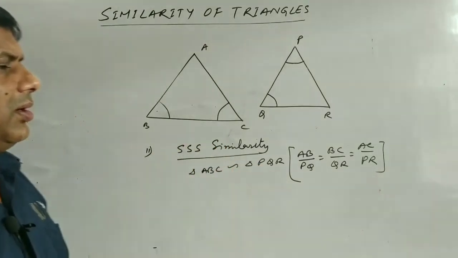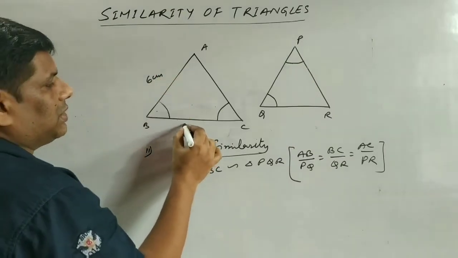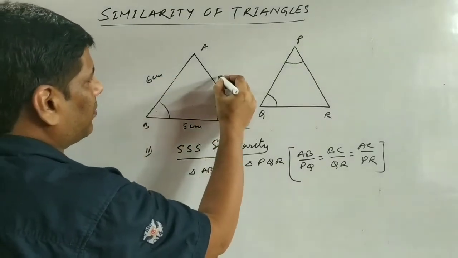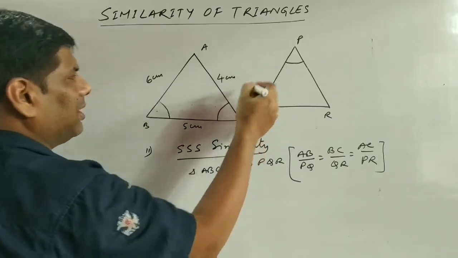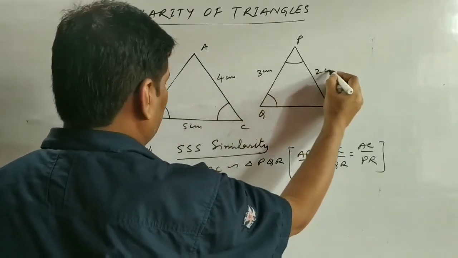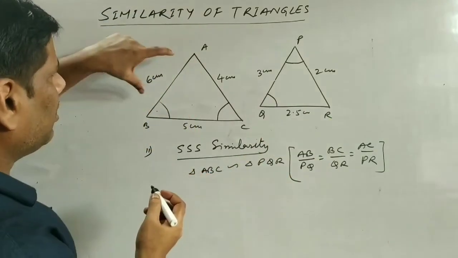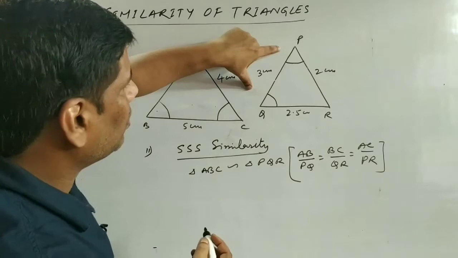Let us see. If this is 6 centimeter, this is 5 centimeter, and this is 4 centimeter, then this triangle may be like this: 3 centimeter, 2 centimeter, and 2.5 centimeter. So let us see here. Ratio of AB by PQ is what? 2:1.